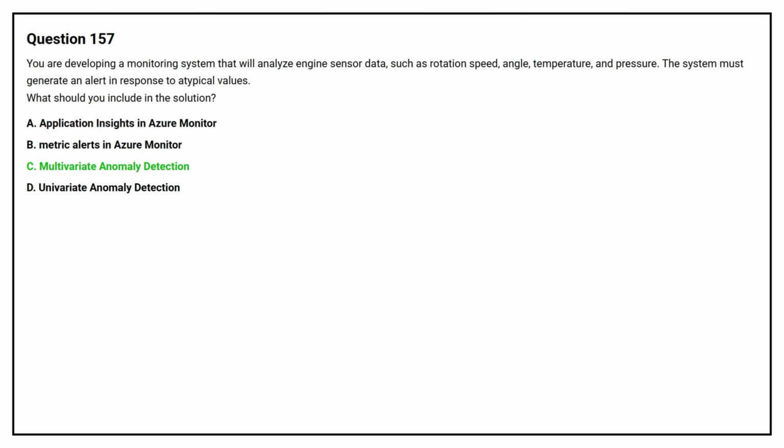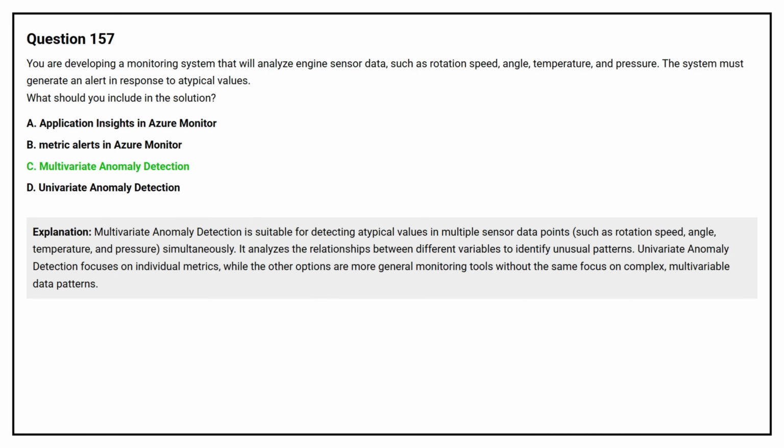The correct answer is option C, Multivariate Anomaly Detection. Multivariate anomaly detection is suitable for detecting atypical values in multiple sensor data points, such as rotation speed, angle, temperature, and pressure simultaneously.